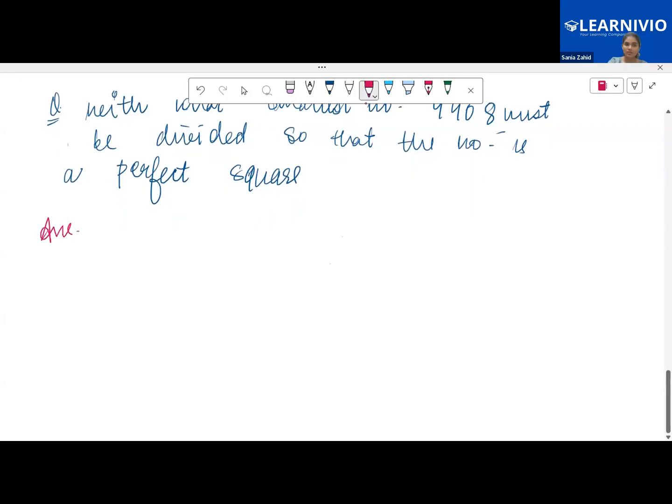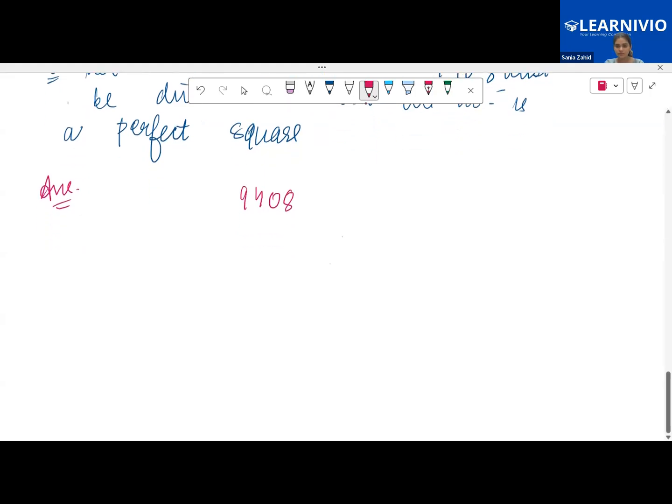How do you do prime factorization, Mustafa? Yes, ma'am. So it becomes 2 fours are 8, carry 1, then 2 sevens are 14, and then 0 will go there, and then 2 fours are 8.